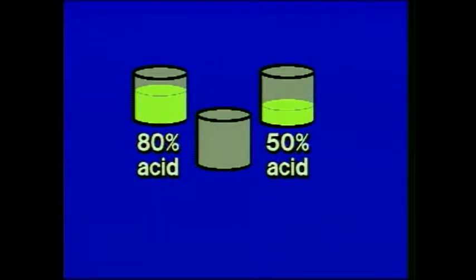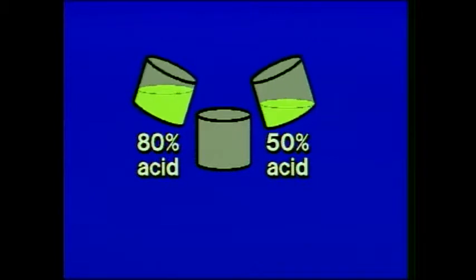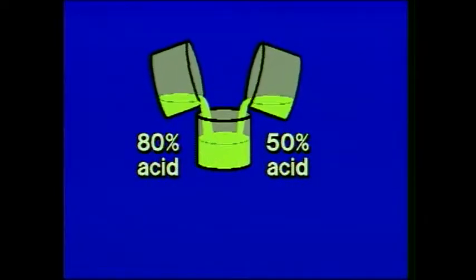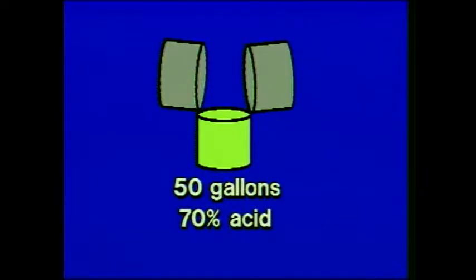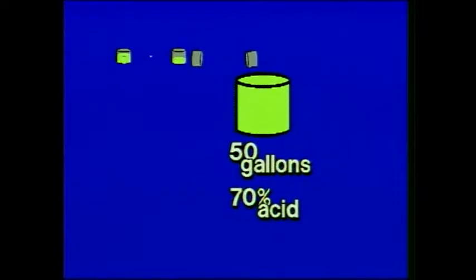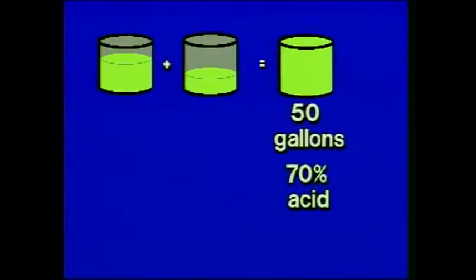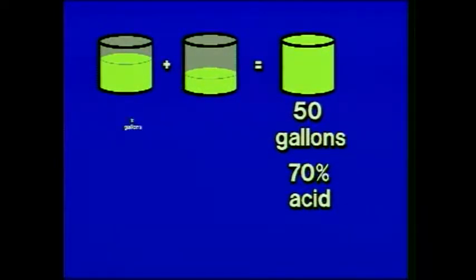Now notice if we take some 80% acid and some 50% acid, mix them together, which is what this problem is saying, what we get as a result is 50 gallons of liquid, which is 70% acid. So now if we put that idea into equation form, that is, some liquid plus another liquid is equal to 50 gallons of 70% acid, then we're building our verbal model.